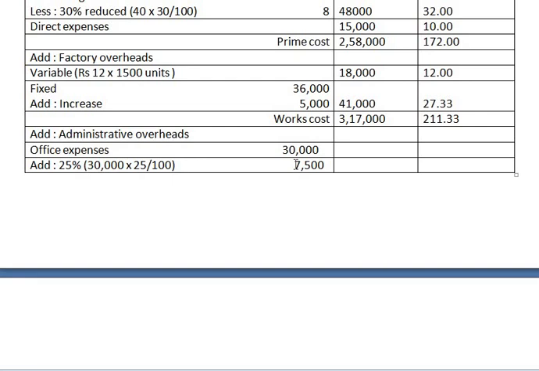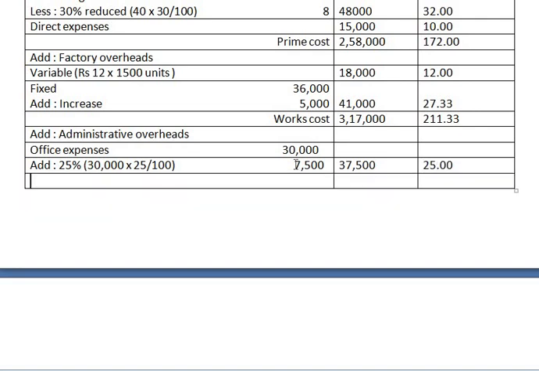Now add these and take it to the outer column, so that is 37,500. And here 37,500 divided by 1,500 is 25 rupees.